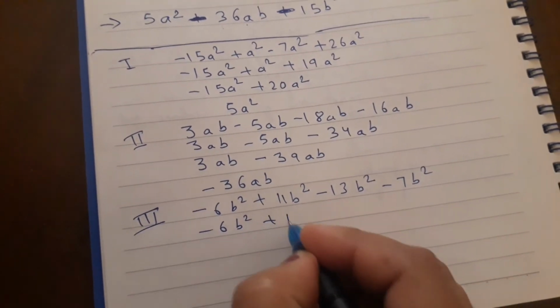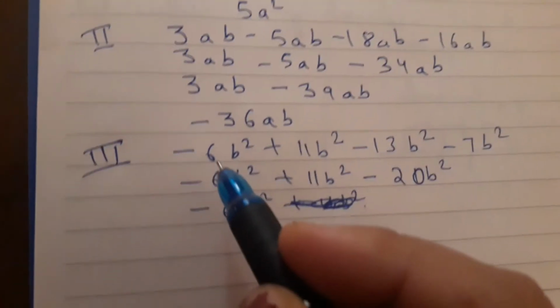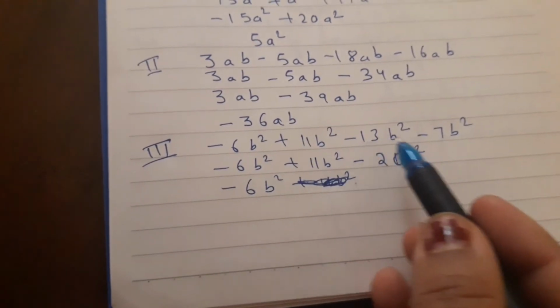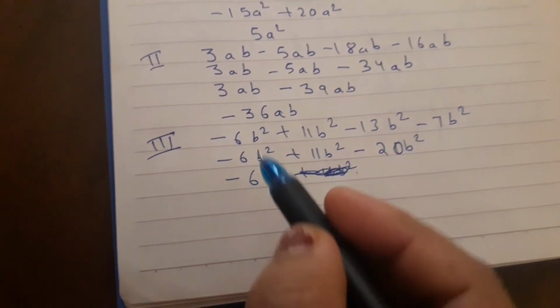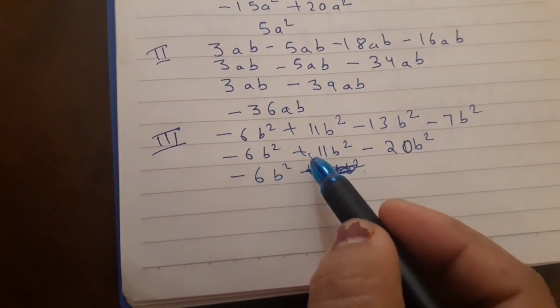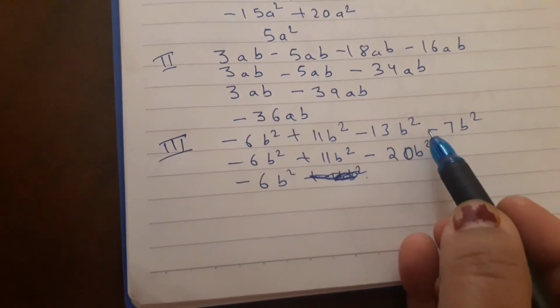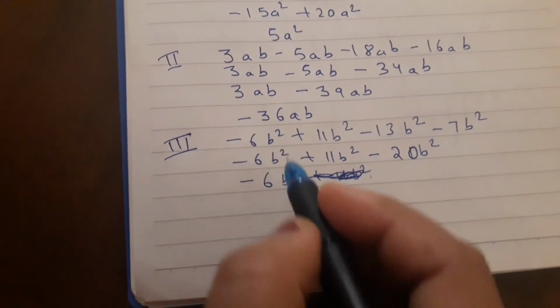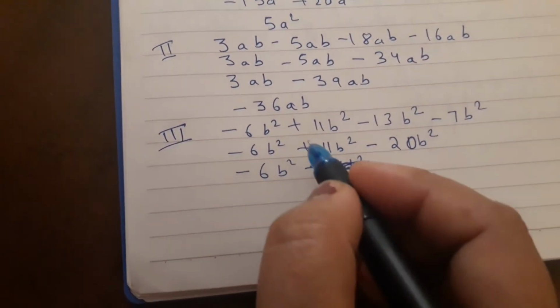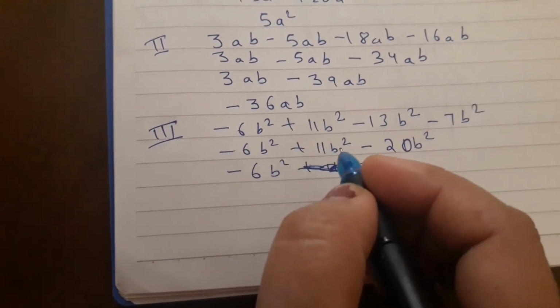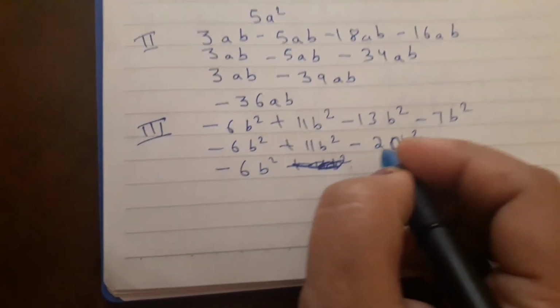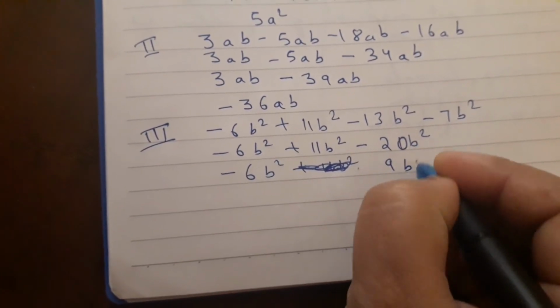Again minus minus will be plus. 13 plus 7, 20, so 20b square. Again minus 6b square plus 11b square. Here it is minus plus. Minus plus will be minus only. We have to subtract, 20 minus 11, which will come 9b square.